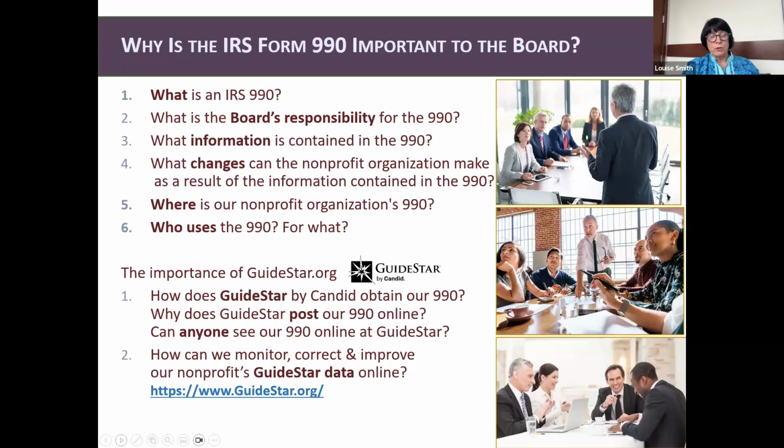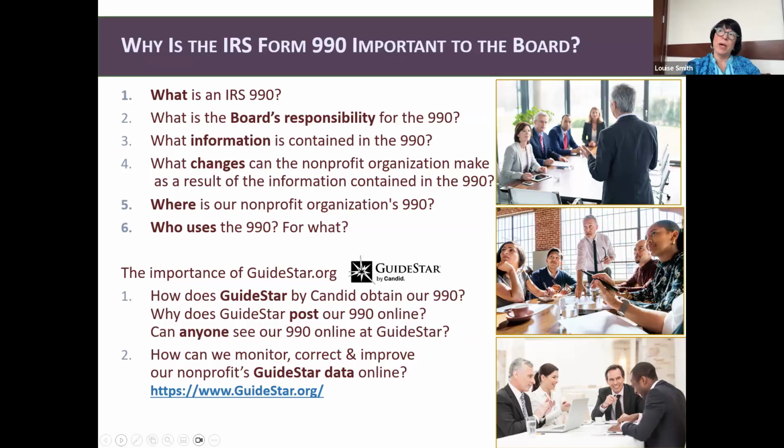It's important you understand that your nonprofit organization can and should be updating its GuideStar information online, because there's a lot of information there that only you can provide. It could be as little as just your 990s because they get them from the IRS, but you want more out there.